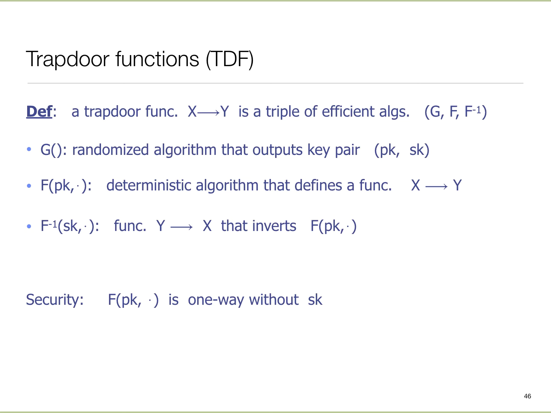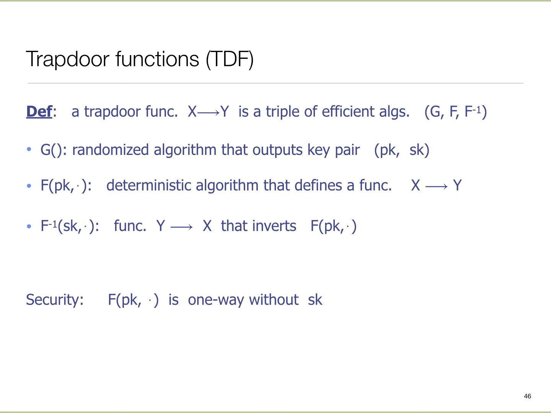Now there are different ways of creating such a public-private key pair, but it relies on a concept called trapdoor functions. The idea behind a trapdoor function is the following. It's a function which goes from some set X to some set Y, and it consists of a bunch of very efficient algorithms.